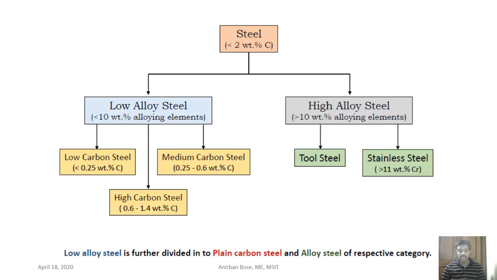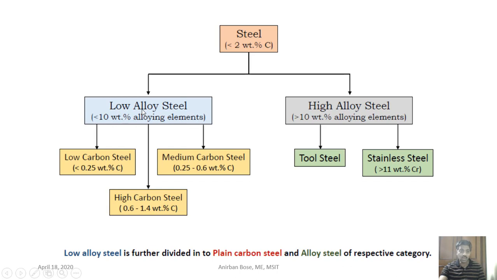Now, the steel, which is basically less than 2% carbon, can be divided into two categories. One is the low alloy steels and another one is the high alloy steel.